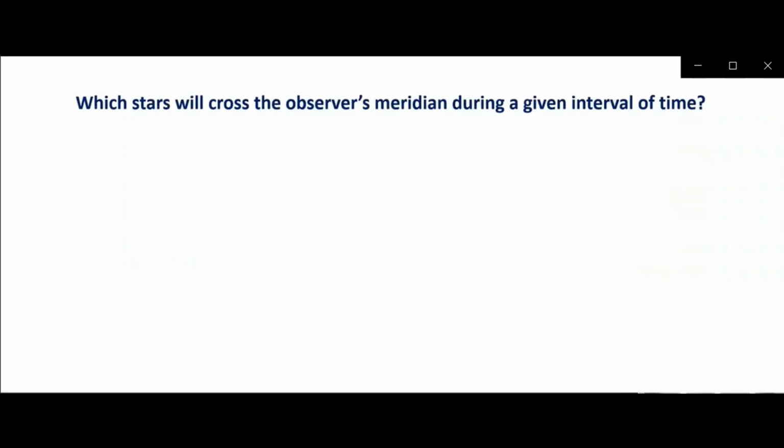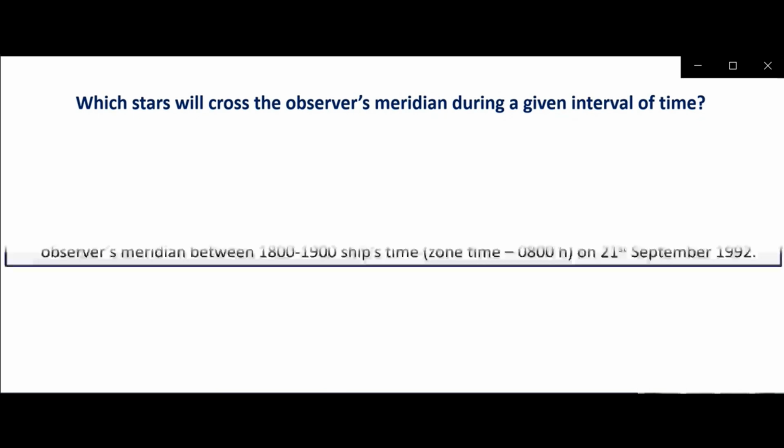Now there may be situations or questions in which we may have to find stars and planets which cross observer's meridian within a given interval of time.